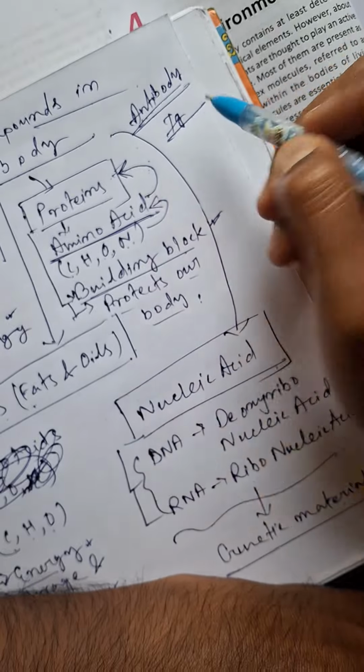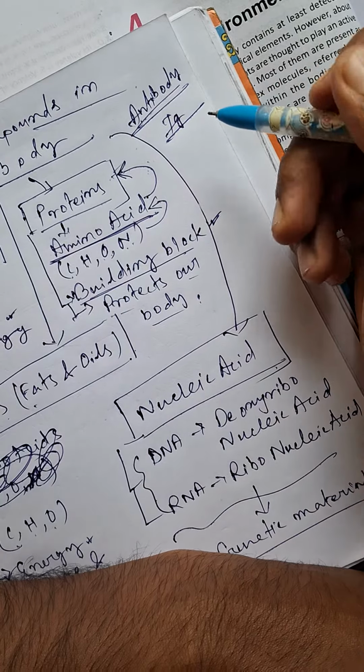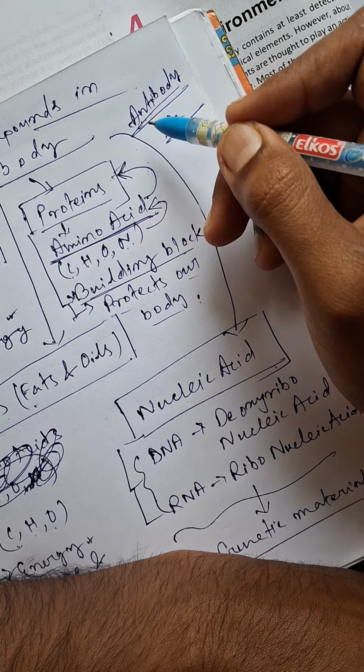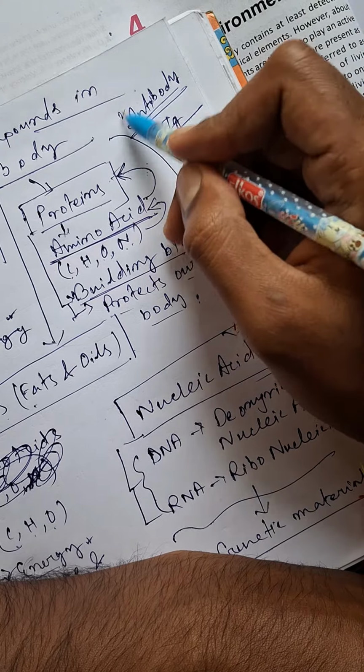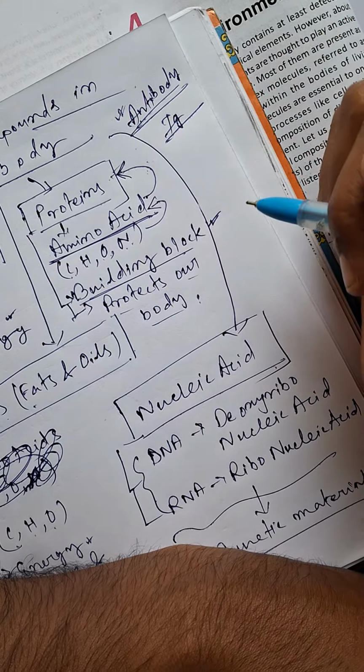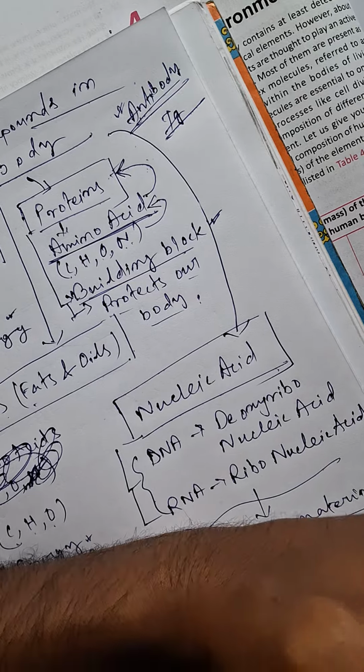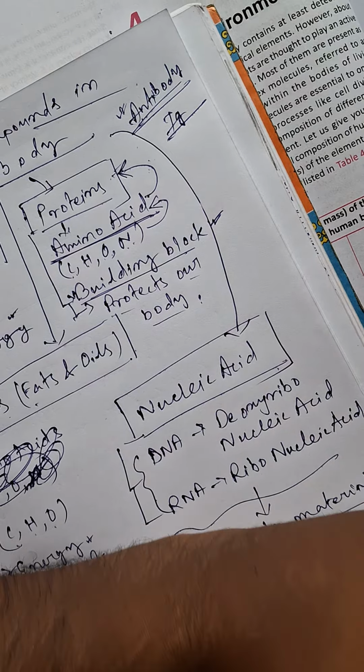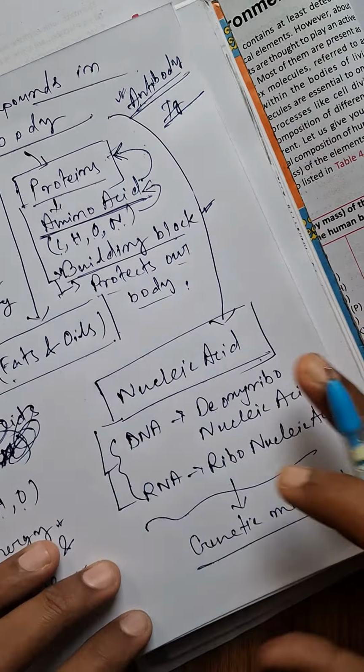Antibodies and immunoglobulins are actually proteins. Antibody helps to protect our body from viruses, bacteria, and harmful things. So this is one function of protein, a very important function.